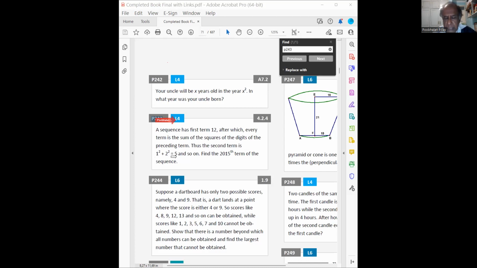The next one you square this one, and then there's only one digit, so the next one will be 25. So if we do that now, let's see what we get. We're starting with 12. Then it's 1 squared plus 2 squared, which is 1 plus 4, which is 5. I'm going to do it mentally. 5 squared is 25. This is 2 squared plus 5 squared, 4 plus 25, which is 29.